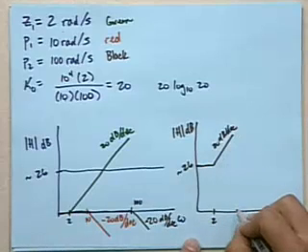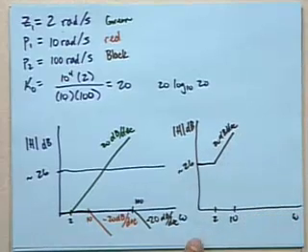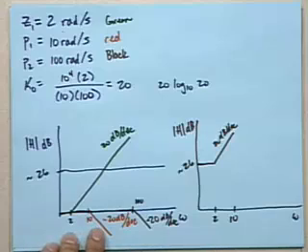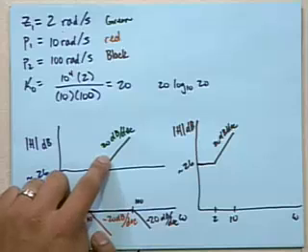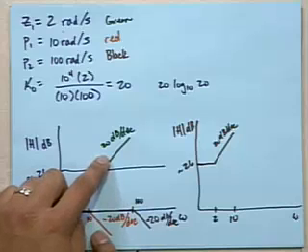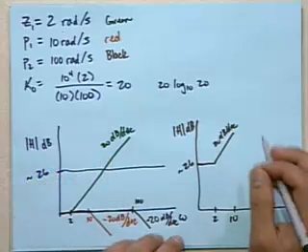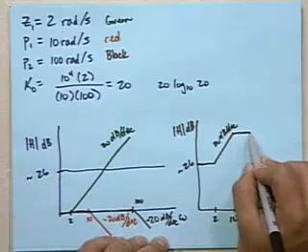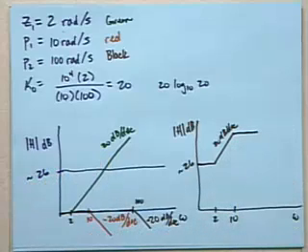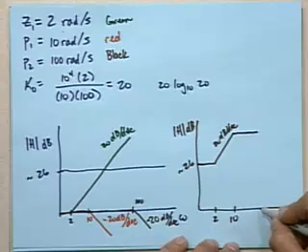Then at 10 radians per second, pole number 1 starts to influence the behavior of the circuit, and the negative 20 dB per decade of pole 1 and the positive of the zero will cancel each other out for a while, and the magnitude characteristic will flatten off until we hit 100 radians per second.